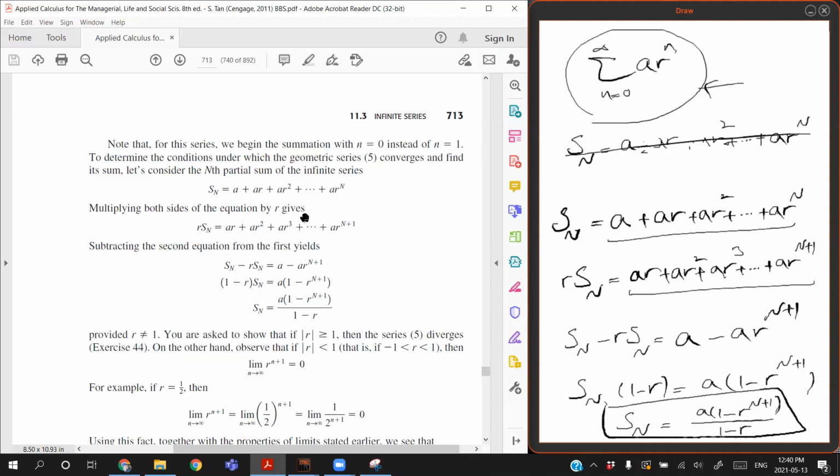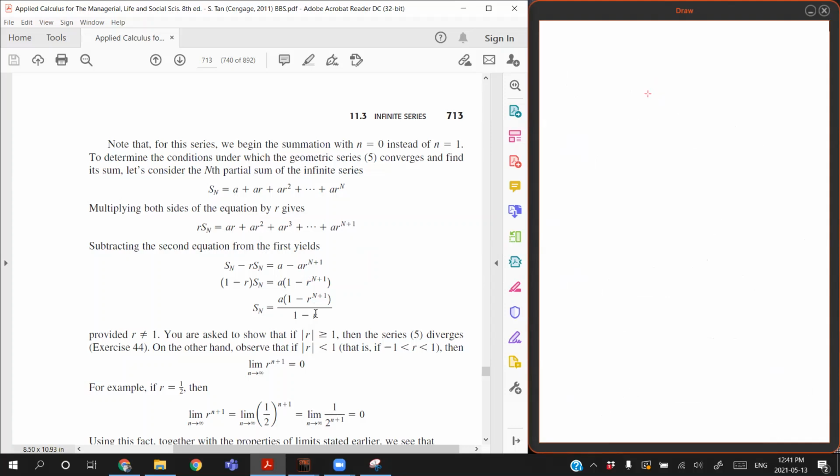So do we understand the calculations here? Very simple algebra. Just the trick is multiply both sides by r and then do Sn minus r Sn. And then everything will get canceled except for a and minus a times r to the power of n plus 1. Factor out Sn, you factor out a, you isolate your Sn, you get a formula.